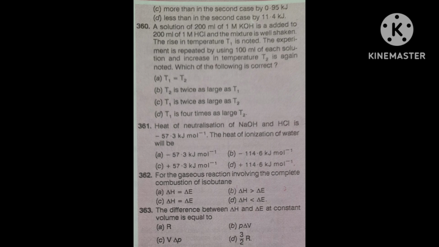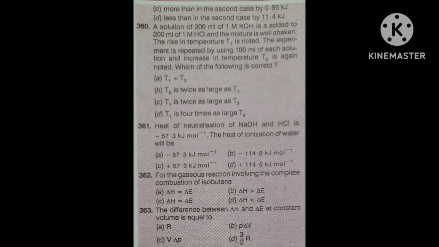The formula you know: delta H is equal to delta E plus delta nRT, that is delta NgRT.